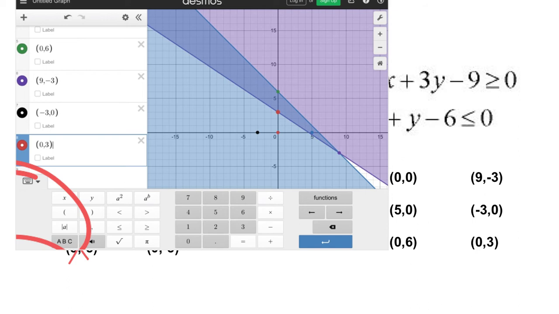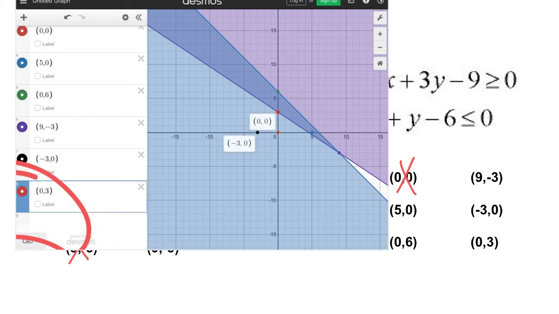Alright, so for this one, looking for the points that fall in the solution area for sure. As I look at this, I can see that (0, 0) is definitely a no, because it's falling right here. So (0, 0) is out. I also can see that (−3, 0) is out. Both of those are outside of our solution area.